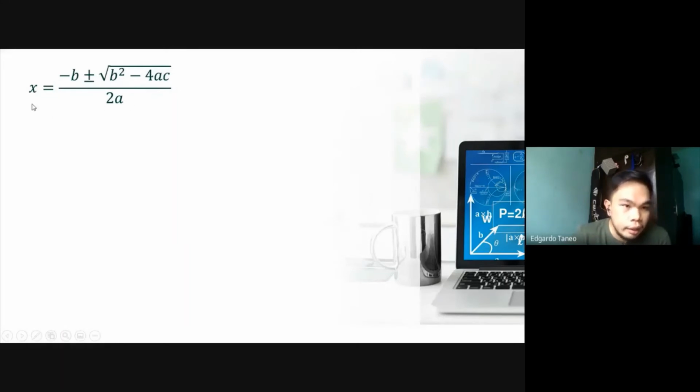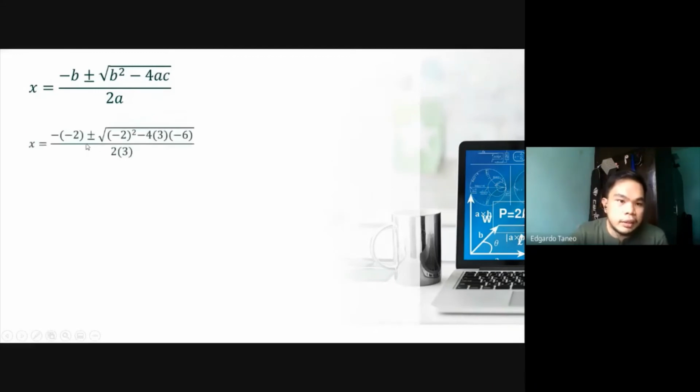Again, the quadratic formula is x equals negative b plus or minus square root of b squared minus 4ac all over 2a. Okay, so ang gagawin lang natin to solve the quadratic equation using quadratic formula, we're just going to identify the coefficients, then substitute the coefficient to the formula.